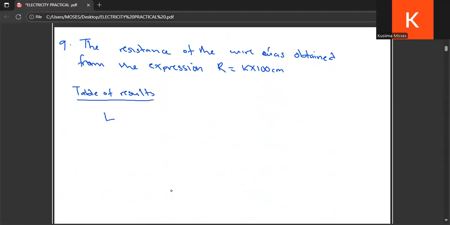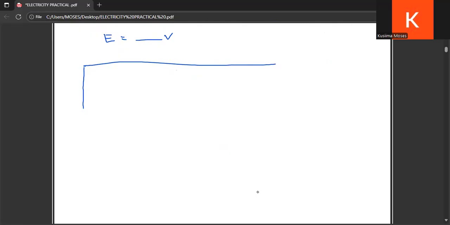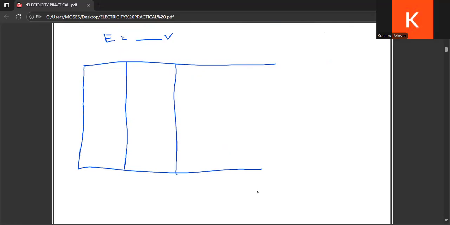So we shall begin by noting down E in volts. We have our table here. Shall begin with L, the independent variable. Then we move to I.